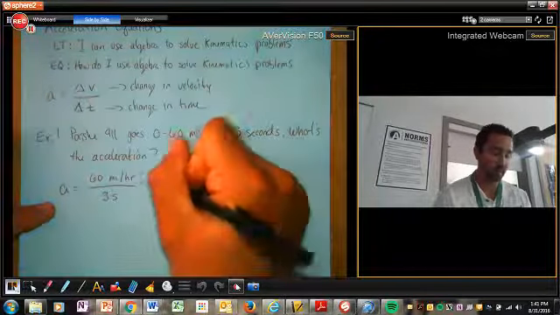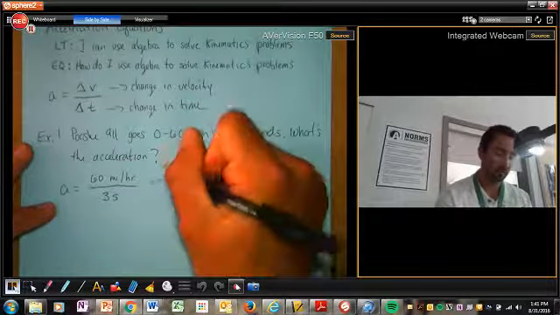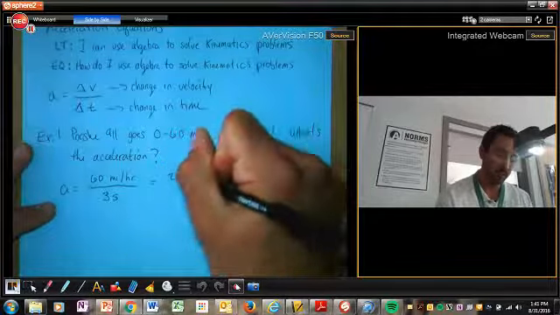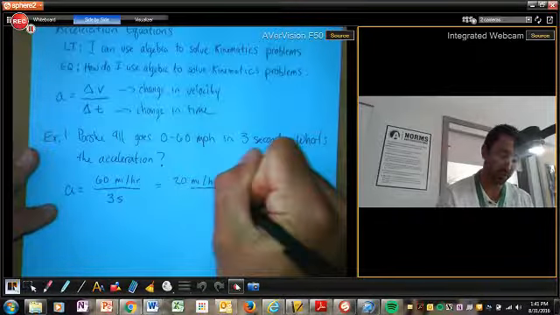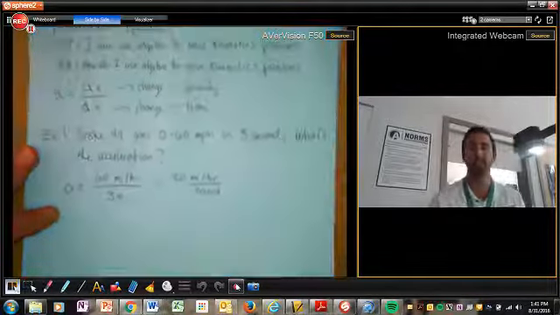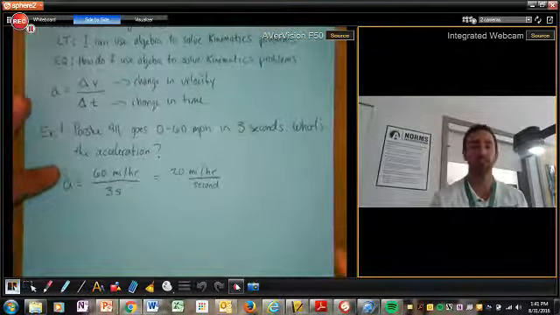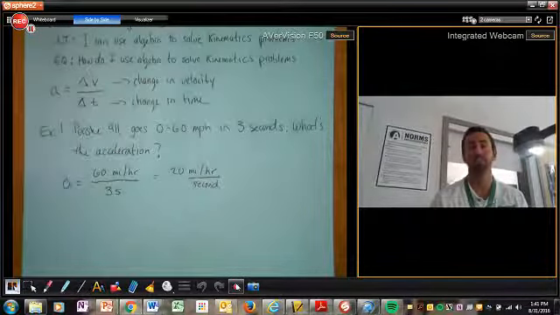So my acceleration should be 20 miles per hour, and that's actually per second. It's not the same units we're going to use later, but that's what the units are for this one. 20 miles per hour every second.